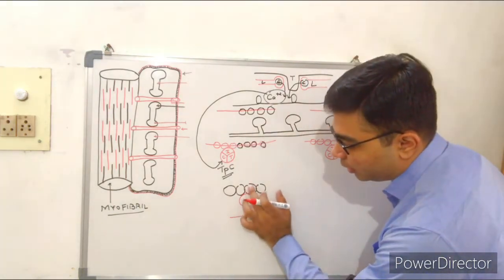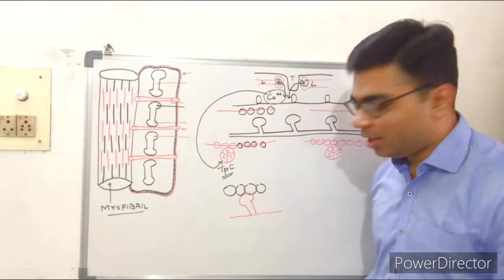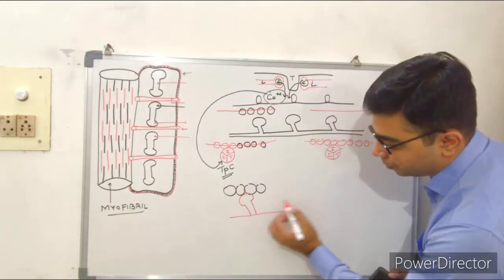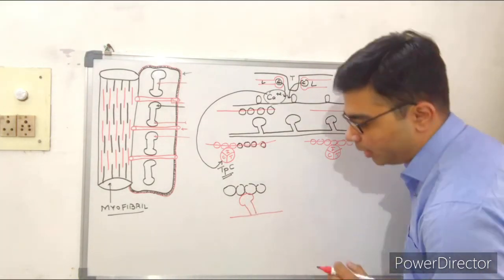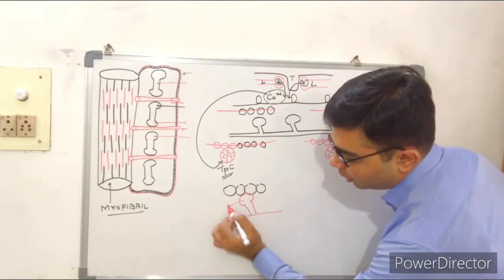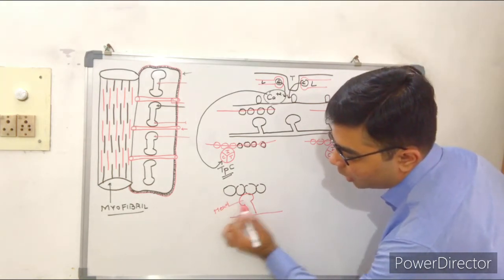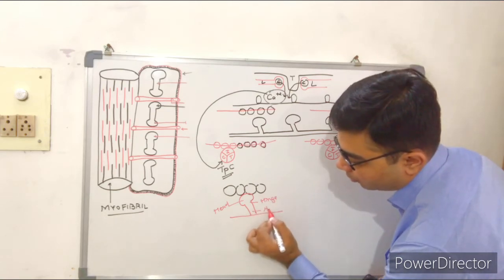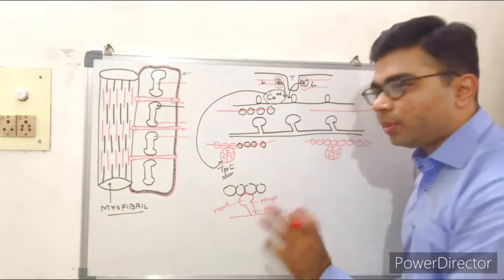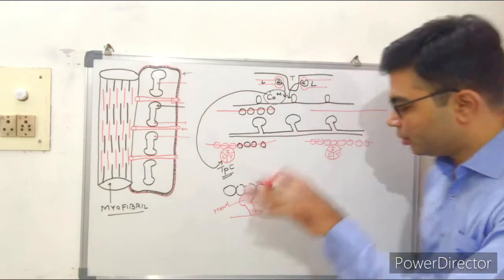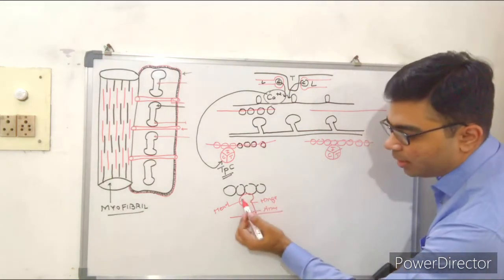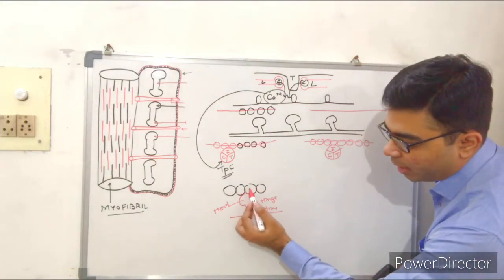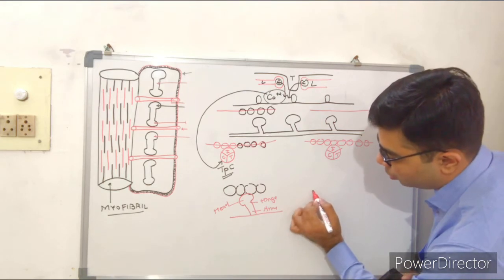Now they are attached to each other. Second thing that happens is, this myosin has a portion that we call the head, then comes a hinge and the arm. Hinge means it can turn. So what is happening when they are bound with the F-actin? It is going to turn like this.